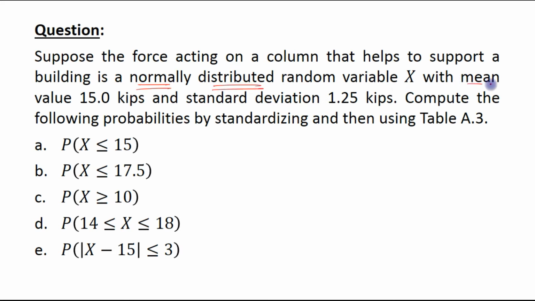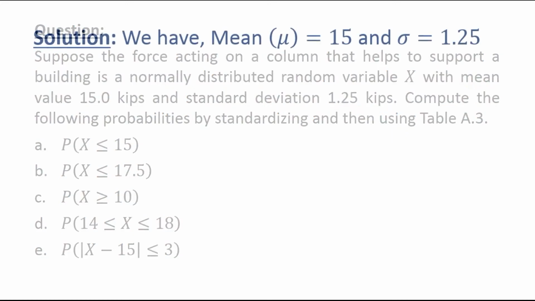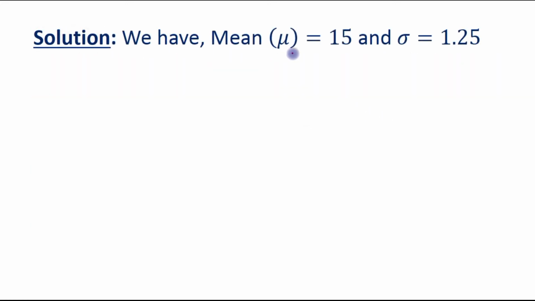Second, that its mean is given as 15 and standard deviation is 1.25. So we can write this relevant information as, we have mean, that is mu, which is 15, and standard deviation, which is sigma, it is 1.25.